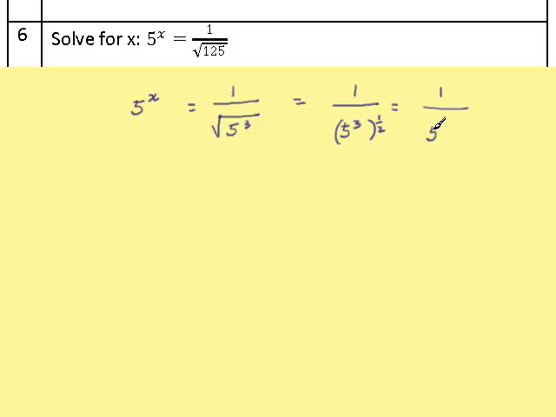So we have 1 over 5 to the 3/2. Okay, and now on this side we want to write this as 5 to an exponent, like this. So our exponent would be minus 3/2. So now we see that x is equal to negative 3/2.